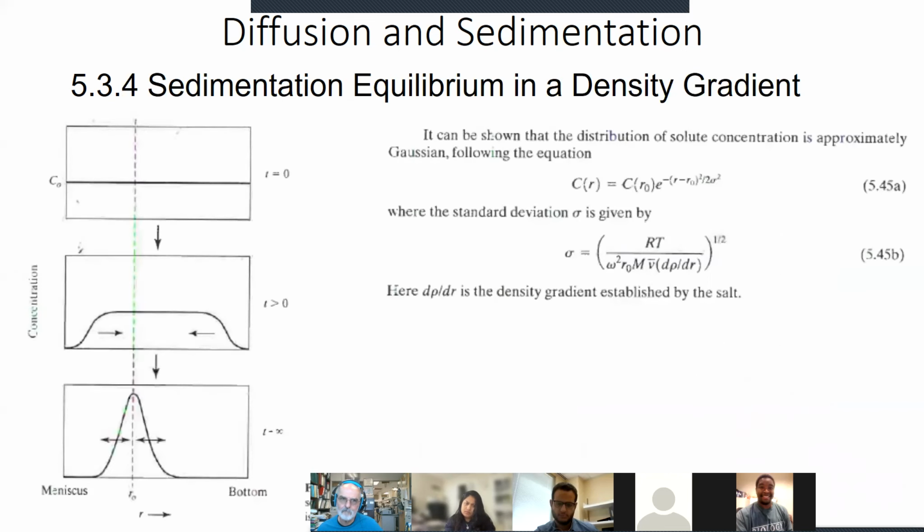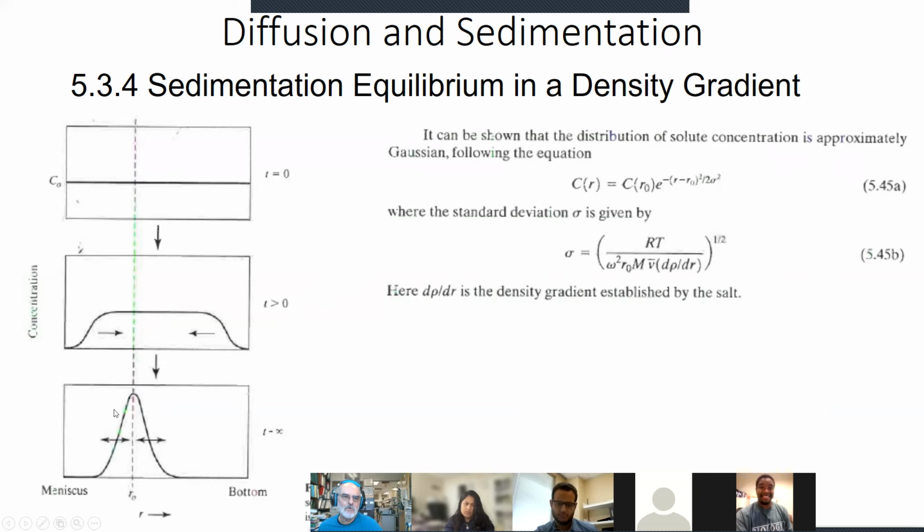Okay. The other technique that could be done is to not preform a gradient, but to allow a gradient to form while you're spinning. If you do that, as shown here, you would get a banding pattern where the material would band at its buoyant density.